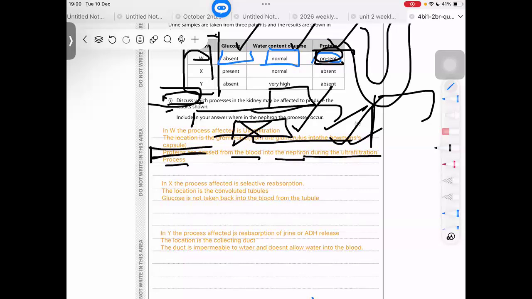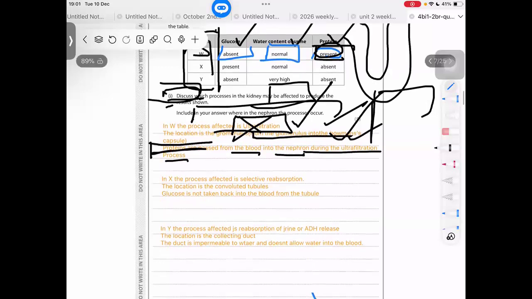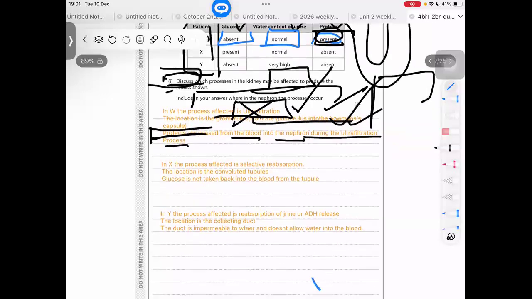I wrote that the process there's a defect in ultrafiltration because the blood that flows into the afferent arteriole contains proteins that must have bypassed the basement membrane of the Bowman's capsule. Afferent arteriole. Yeah, afferent arteriole. That means you mentioned afferent arteriole and Bowman's capsule in your answer, right? You didn't mention glomerulus.